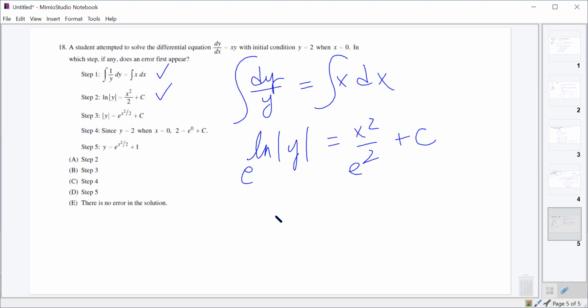So we should have absolute value y equals e to the x squared over 2 plus c. That plus c should be up in the exponent, but they have the plus c not in the exponent. Looks like the error is in step 3. Any questions on that?